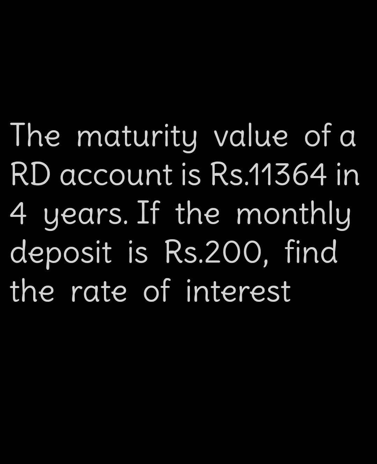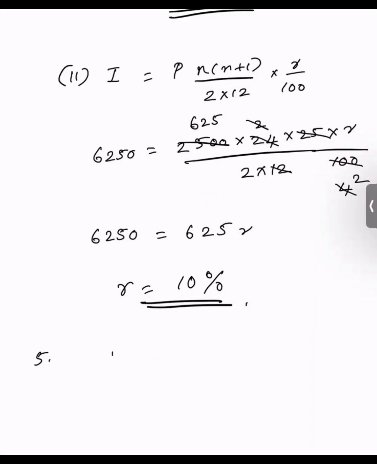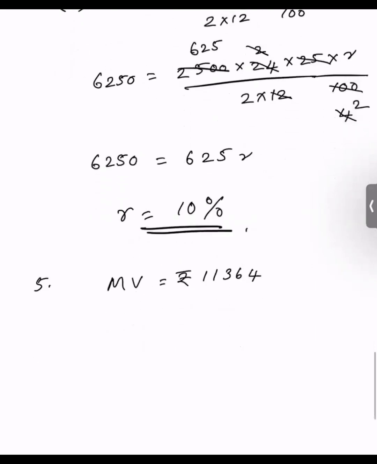Maturity value of a recurring deposit account is 11,364 in 4 years. If the monthly deposit is rupees 200, find the rate of interest. Similar question. So here maturity value is given to you, that is 11,364. Then what is the number of months? 4 years, 4 into 12 is 48 months.